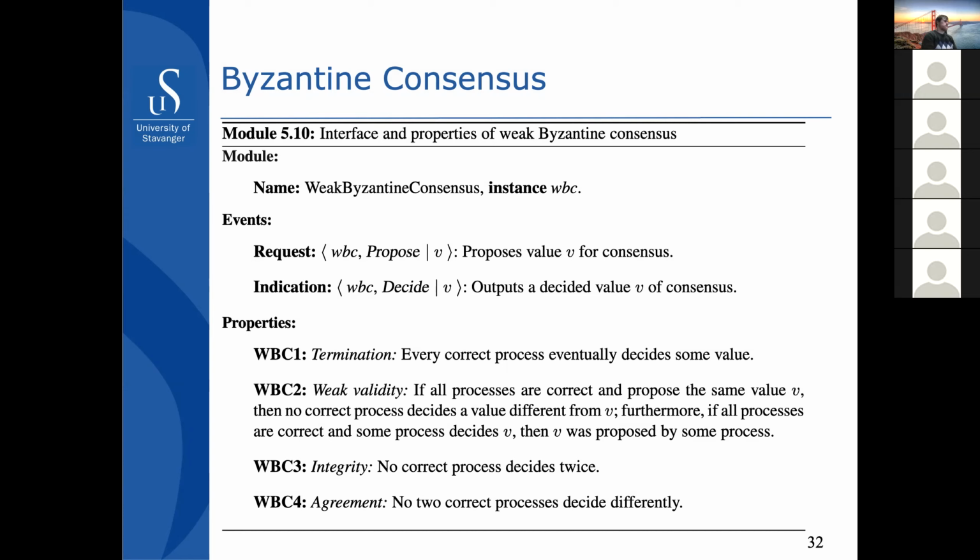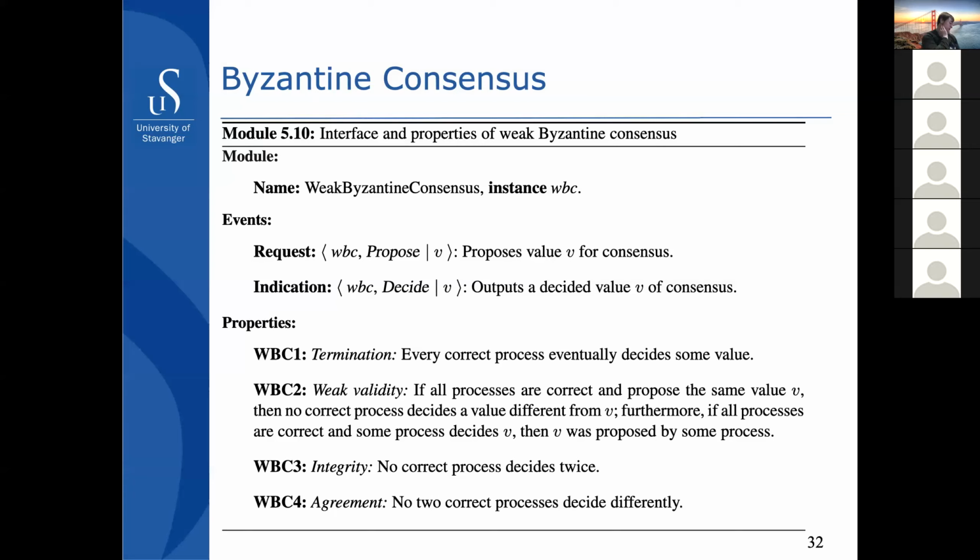And we saw that it's no longer sufficient to have only a majority of processes. So we will start off by looking at two types of consensus protocols, which they call weak Byzantine consensus and strong Byzantine consensus, or just Byzantine consensus.